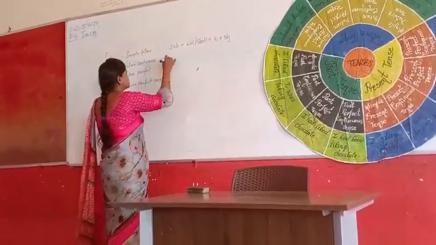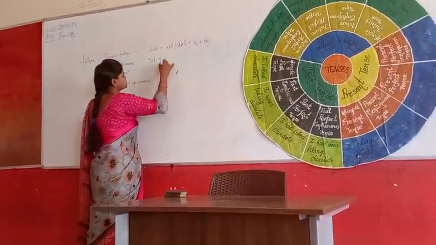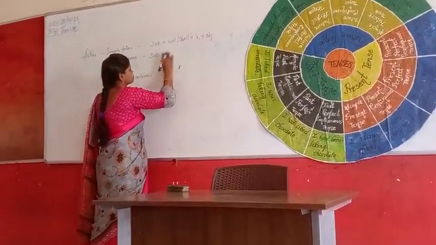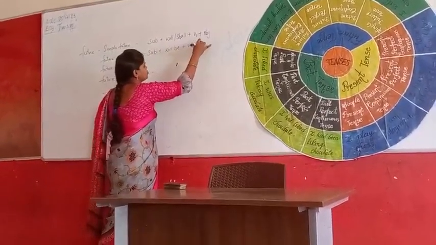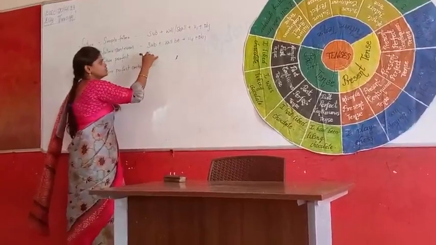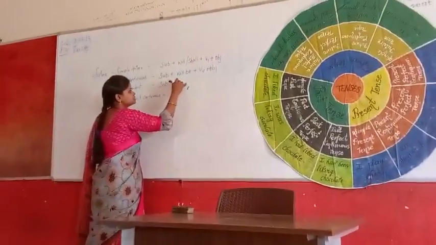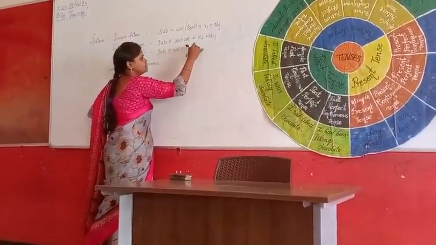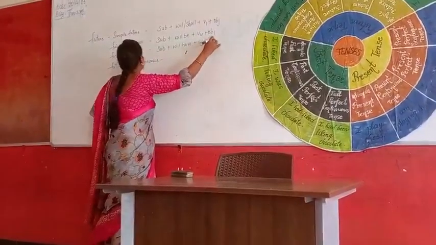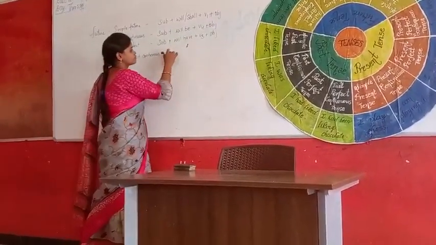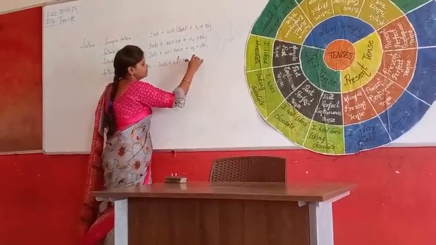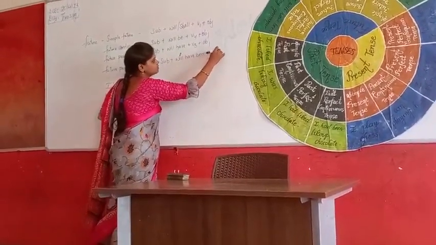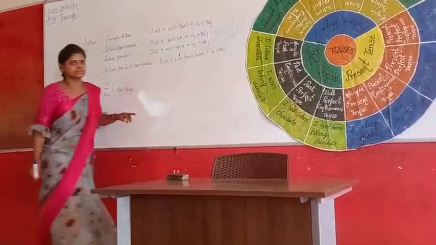Next, future continuous: subject plus will be plus V4 plus object. Future perfect: subject plus will have plus V3 plus object. Future perfect continuous: subject plus will have been plus V4 plus object.